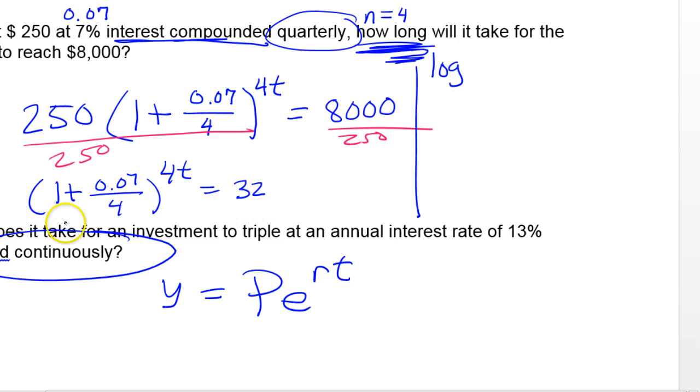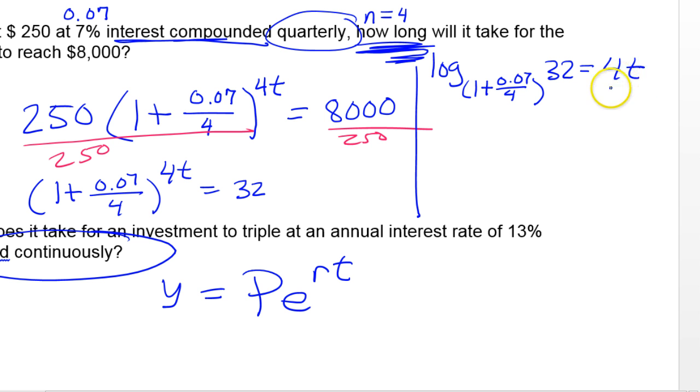The base is this entire parentheses, 1 plus 0.07 over 4. That whole thing is the base. And then what comes next? 32. Then comes the 32, because these switch sides. And then equals 4t. So we've gotten one step closer towards getting t by itself.